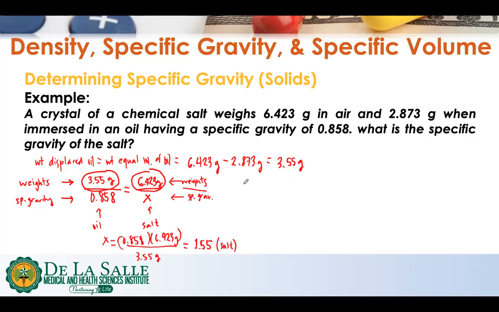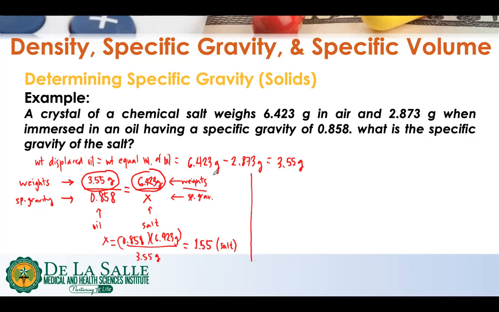Now, if you would like a different method to determine the specific gravity of the chemical salt, there is another way. Remember, in the previous slide, we mentioned that weights of the substances of the same volume are proportional to their specific gravities.